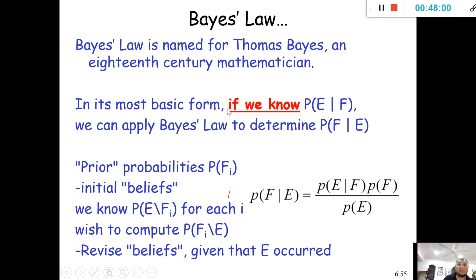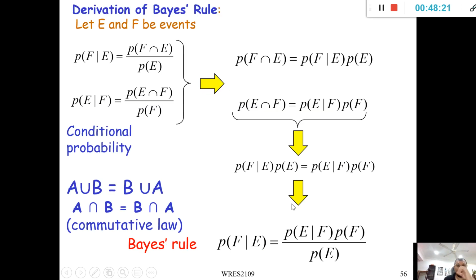In its most basic form, if we know P(E given F), the probability of event E given event F occurs, we can apply Bayes' law to determine P(F given E) as well. This is the rule: P(F given E) is equal to P(E given F) times P(F) over P(E). This is the basic Bayes rule.